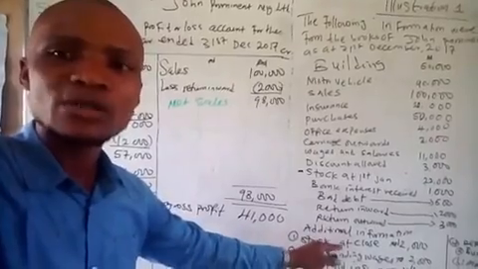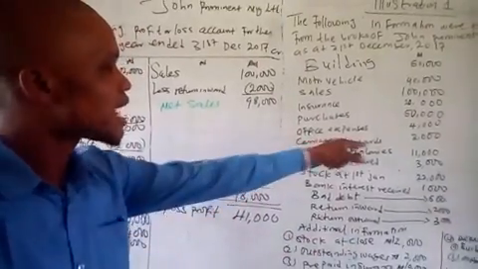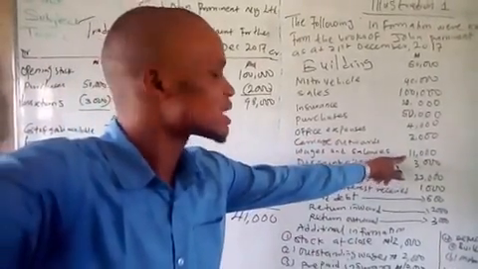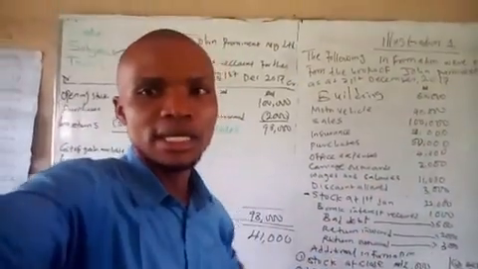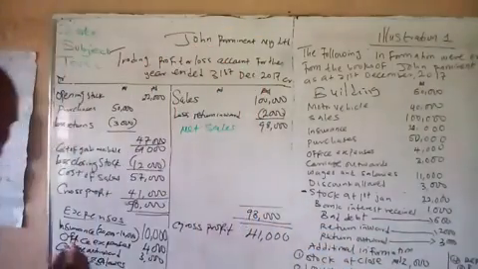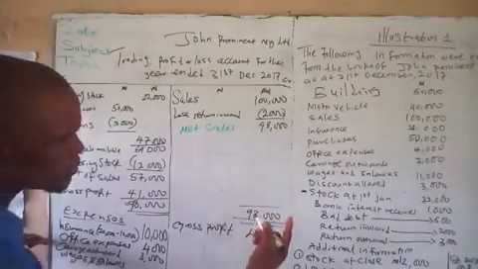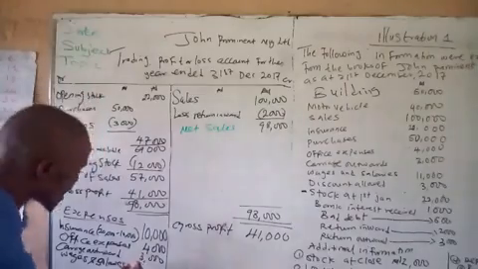The treatment is that outstanding expenses are to be added. So you add this 2,000 naira to the wages and salaries of 11,000 naira. 11,000 plus 2,000 naira is equal to 13,000 naira.